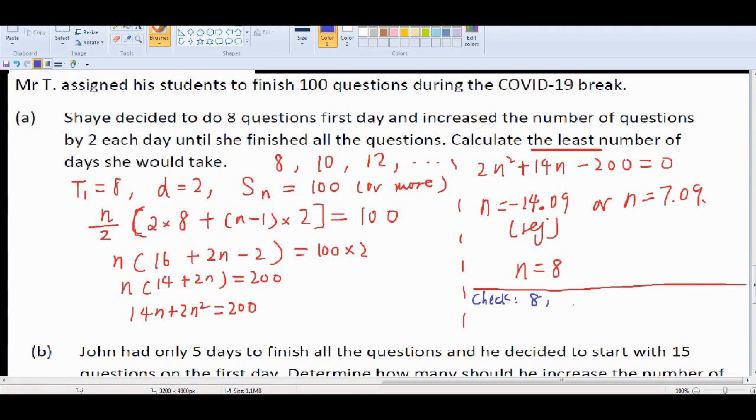We know the first day she is going to do 8 questions, then 10, 12, 14, 16, 18, 20, 22. So that's the 8th day, this is T8, right? Let's say we add all the terms up to 20, which is T7. What answer do you get? If we add all the terms T1, T2 up to T7, what number do you get? You can use your calculator to see.